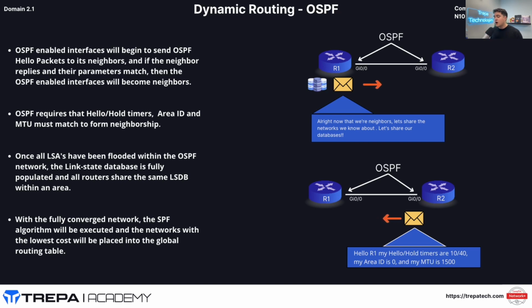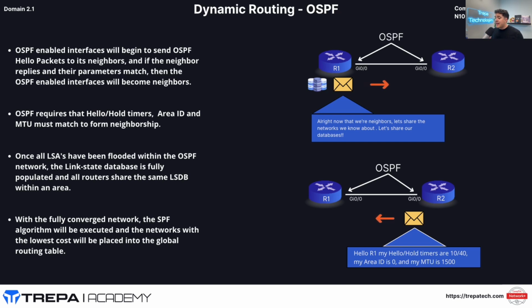Now I have a 2-hour video on OSPF if you ever want to go watch that, guys, because I'm trying to keep it as brief as possible. But once all LSAs are sent between routing neighbors, OSPF is going to fully converge, meaning every router in an OSPF routing domain or area is going to have a shared and synchronized link state database from all those routing updates.